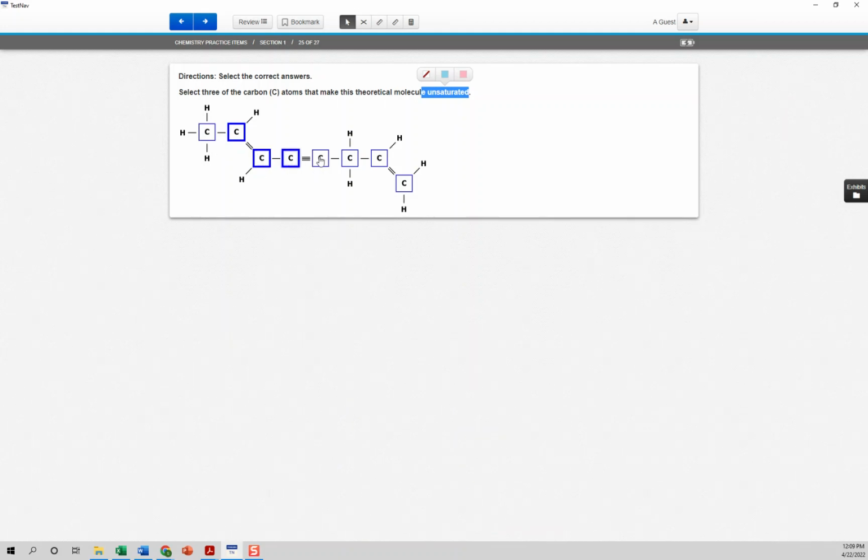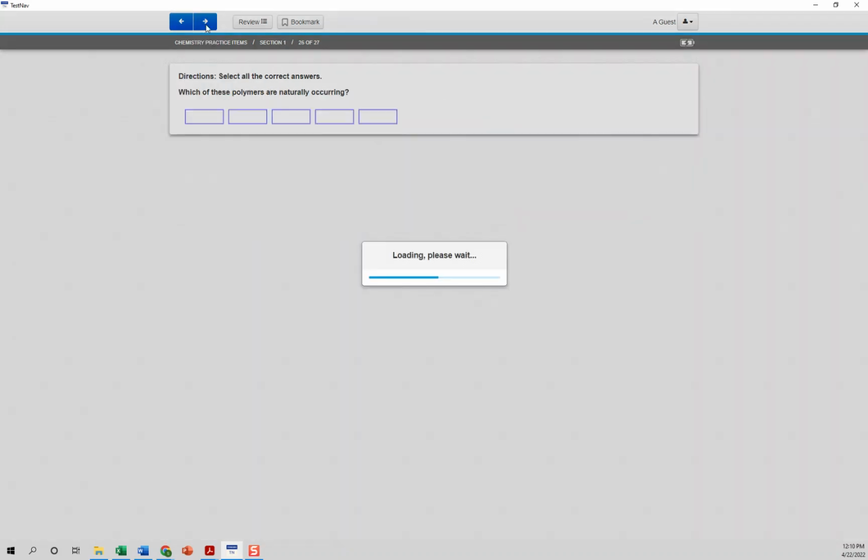But I could also select this carbon, but it's only allowing me to choose 3 because notice that warning comes up, and it says only select 3. But those 3 would work, or you could do this one, or you could do that one or that one. The ones that you could not select are this one, because it's all single bonds, and this one, because it's all single bonds. All right?